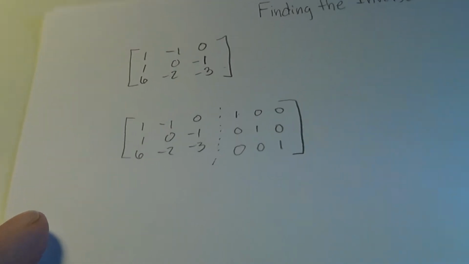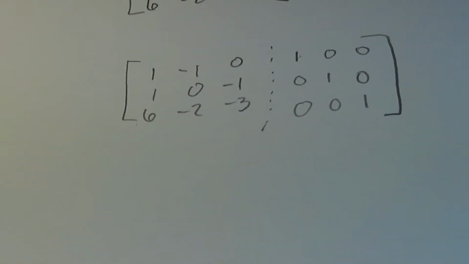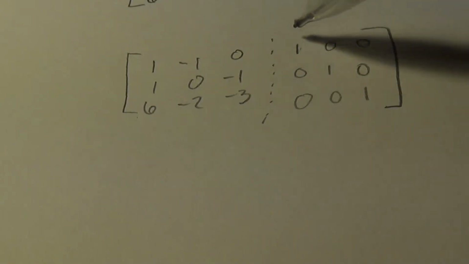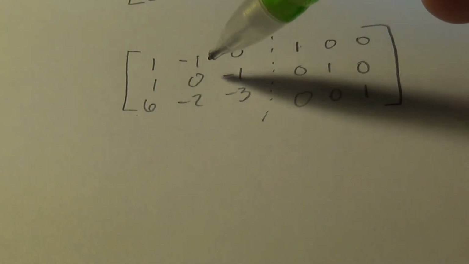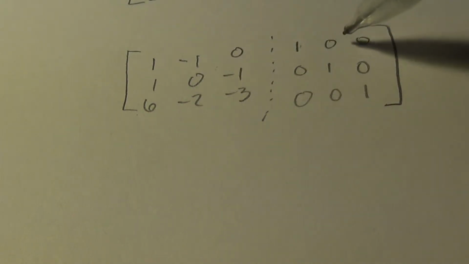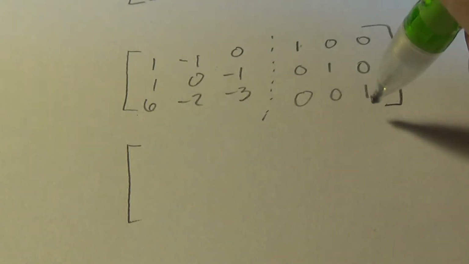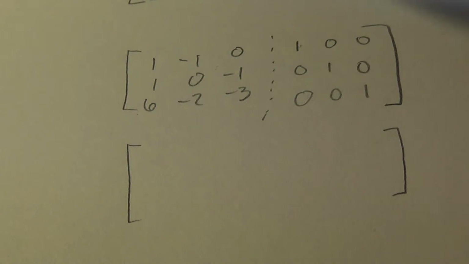Let me zero in. All right. Now we are going to use our row operations and create this over here. And when we do that, the new matrix that appears on the right will be the inverse. So, all right, when we're doing our rows, actually it's going to have to be reduced rows.